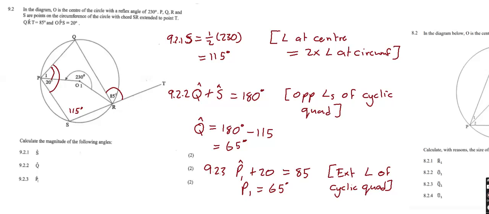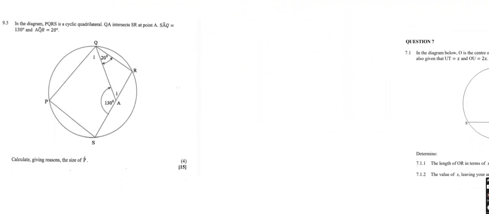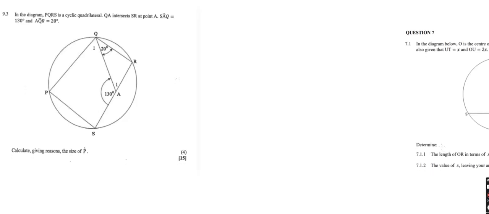And then we are done with question 9.2. So we are on question 9.3 now. Let's see. We are told that in the diagram PQRS is a cyclic quadrilateral. So all the laws or the theorems of cyclic quads apply. Opposite angles are supplementary, and the exterior angle of a cyclic quad is equal to the interior opposite, or the opposite interior angle.